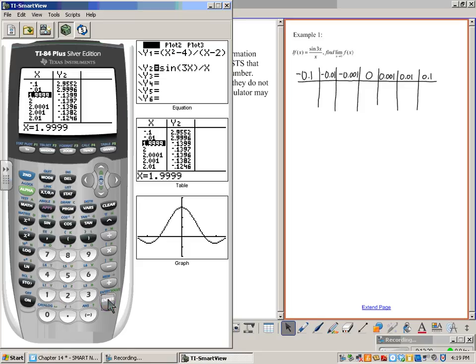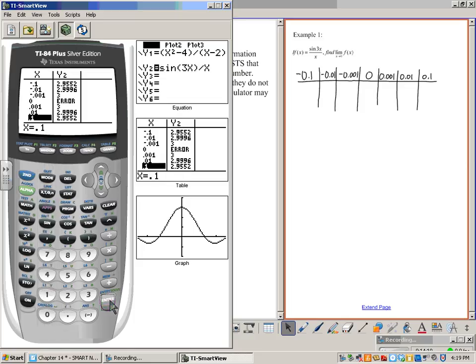Okay. And now I'm going to go ahead and put in 0. I get an error, and this should make sense to you because this would mean that we had 0 in the denominator of a fraction and it's undefined. So we get an error there. The function is not defined there. So now we're going to go on the other side of 0, 0.001, 0.01, and 0.1.